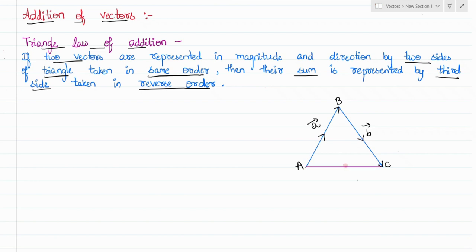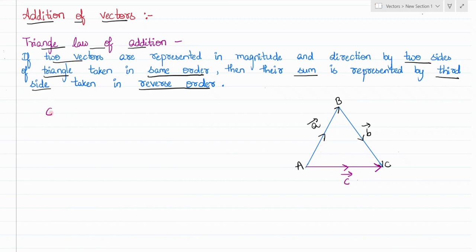Then their sum is represented by the third side in reverse order. This is the C vector in reverse order, meaning this is in anti-clockwise direction.